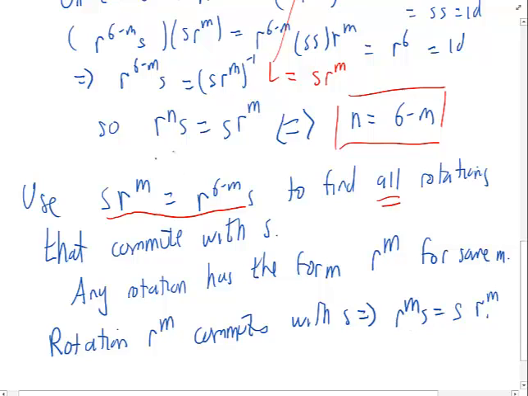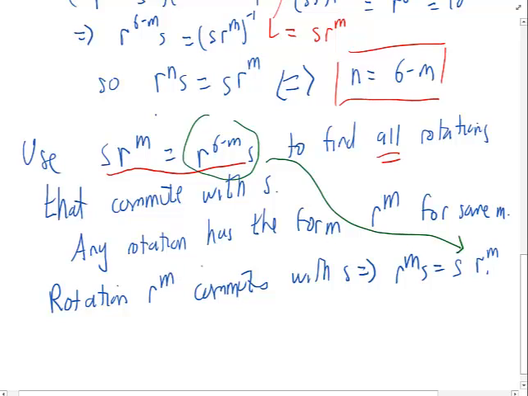But what I can do is plug this in for sr to the m. So if r to the m commutes with s, I must have r to the m s is equal to r to the 6 minus m s.